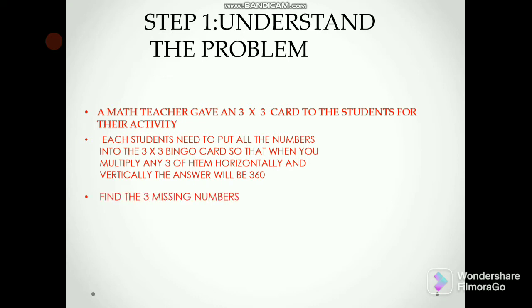We're going to find also the 3 missing numbers since we only have 6 given numbers. After we complete the 3x3 bingo card, we're going to find any pattern that we notice.